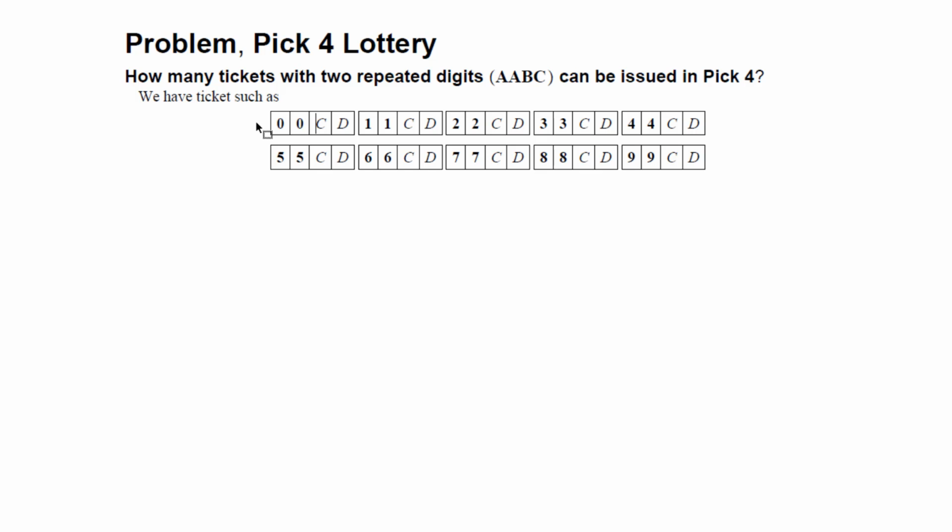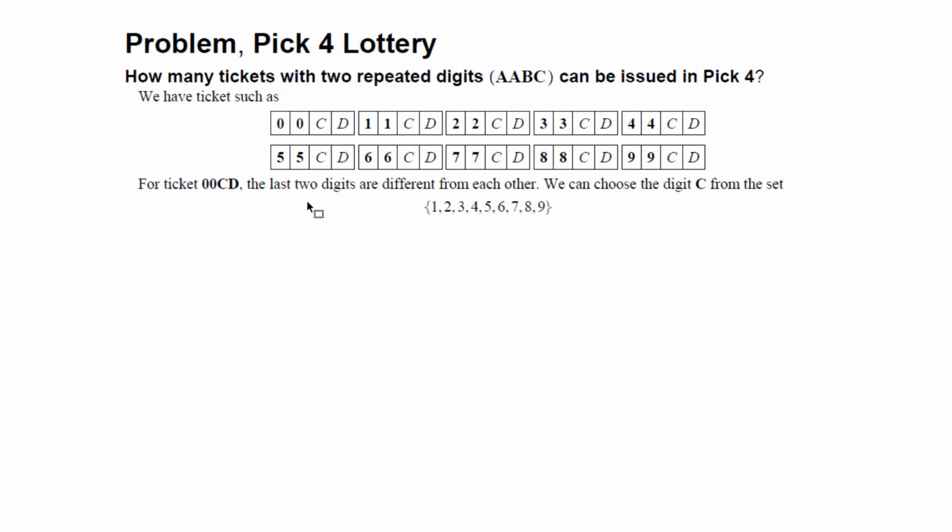So we are now counting all the possibilities, and for each ticket like this we can permute the digits in 4 factorial divided by 2 factorial ways. But the question is in how many ways we can choose C and D. That's a very important question.